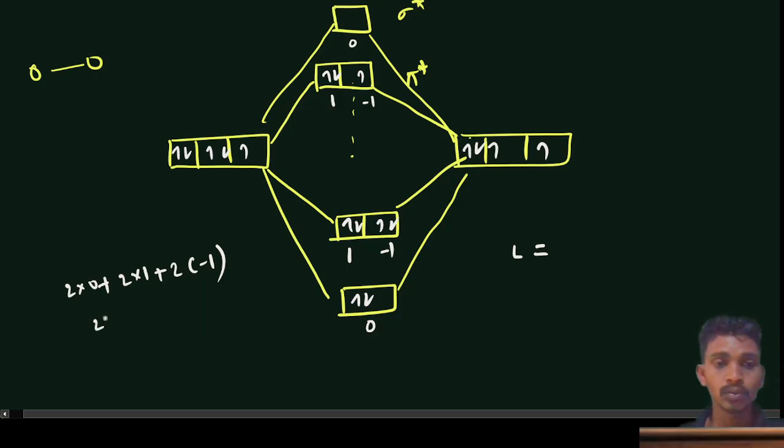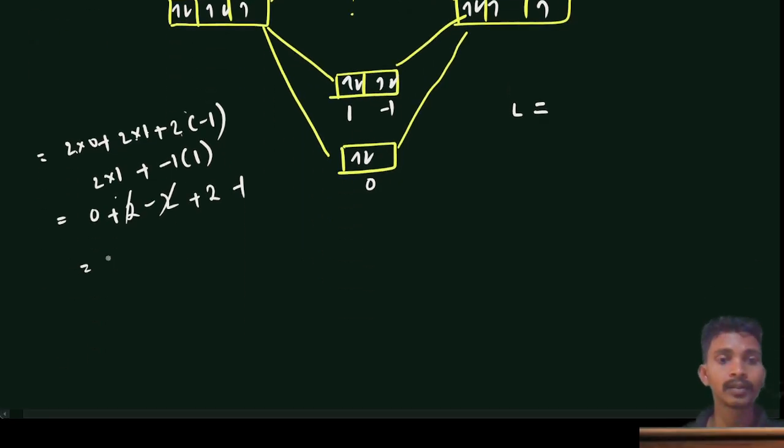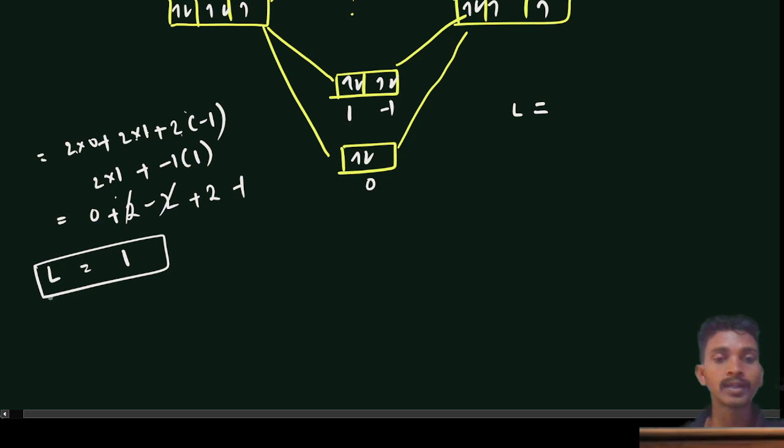So here 2 into 1 plus -1 into 1. So total, add it up, then what is the value? This is 0 and this is plus 2 and this is -2 and this is plus 2 and this is -1. So this cancels off. Okay, so L value will be 2 minus 1, that is 1. Okay, so L value we get 1.